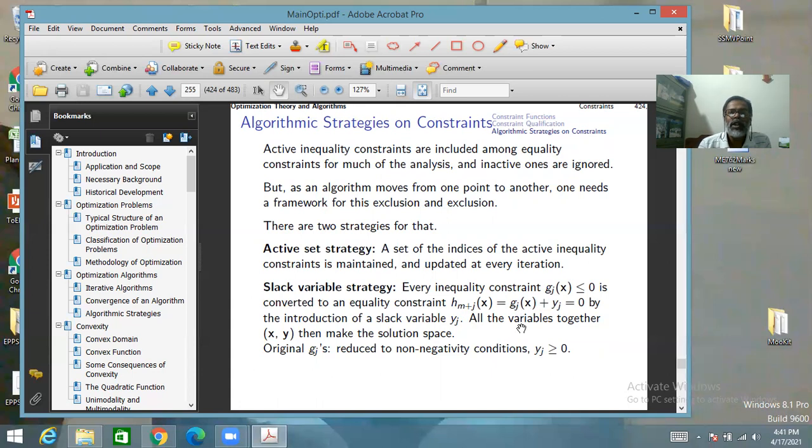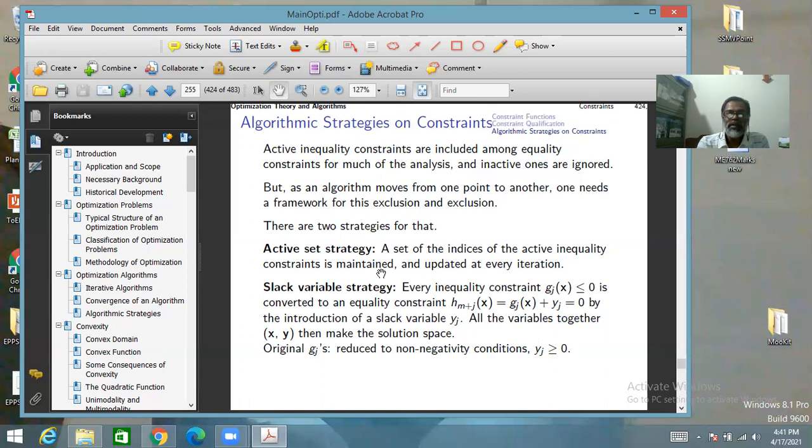So all the variables together, original variables x and the slack variables y, those n plus L of them, make the solution space. The dimension of the solution space increases, and the original inequality constraints reduce to non-negativity constraints, that these yj's should not be negative, that is, they are positive or 0.